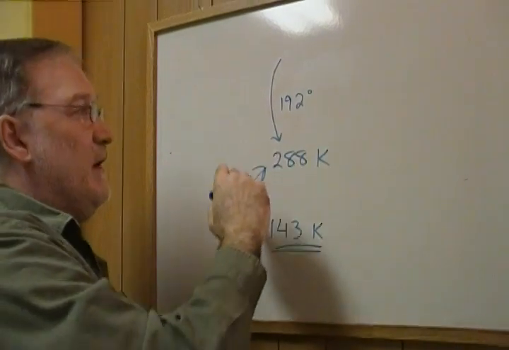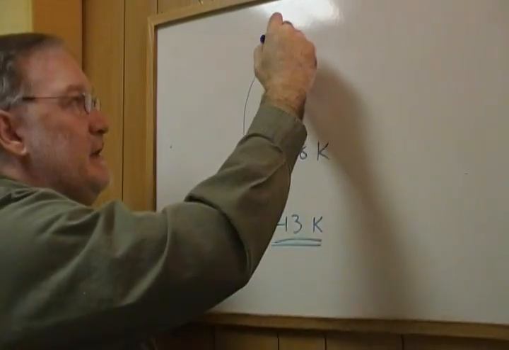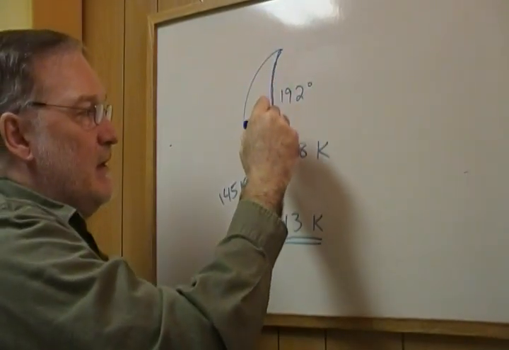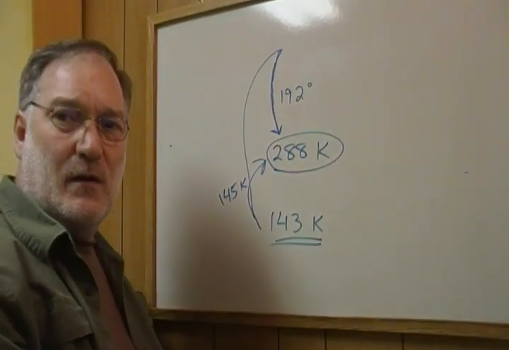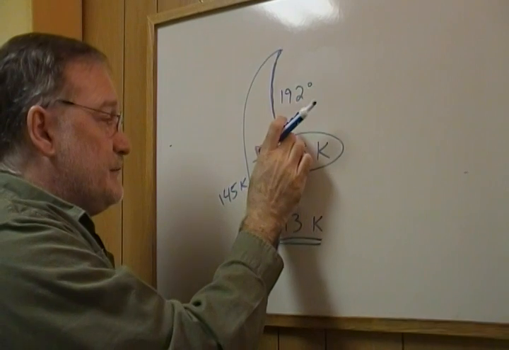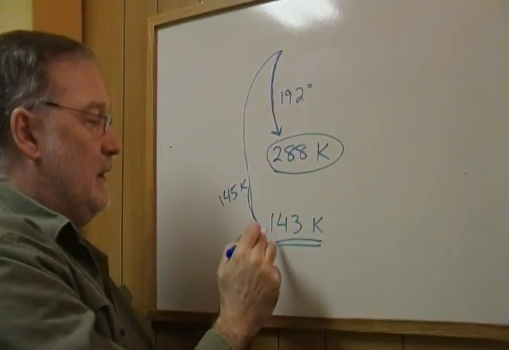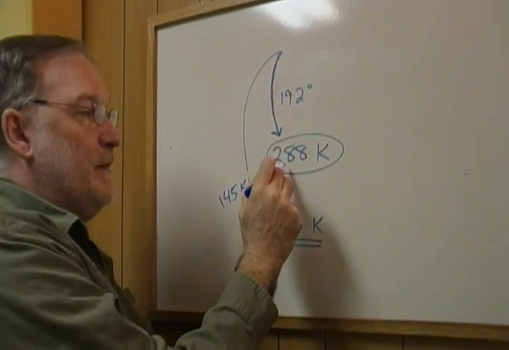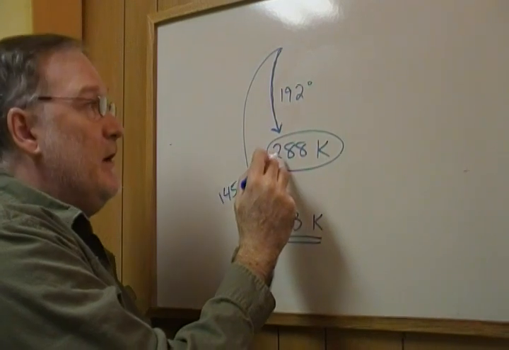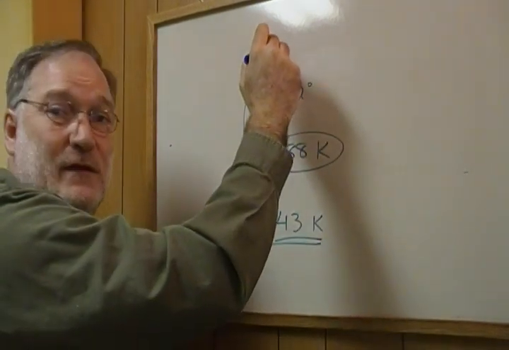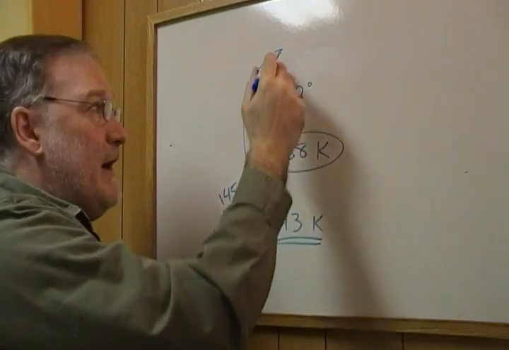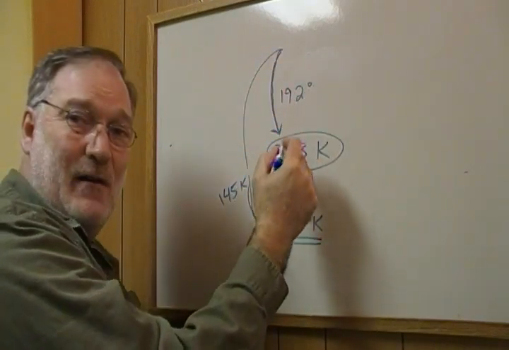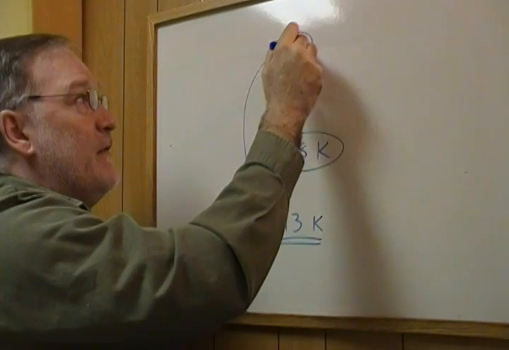We have to go up another 192 degrees so that evaporation can constantly cool it back to its average temperature. So not only do we have to go from 143 up to 288, we also have to go 192 degrees further and come back down via evaporation. So evaporative cooling is bringing us down 192 degrees from another temperature.